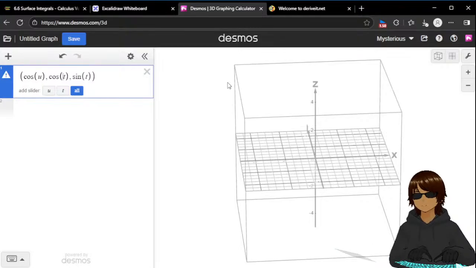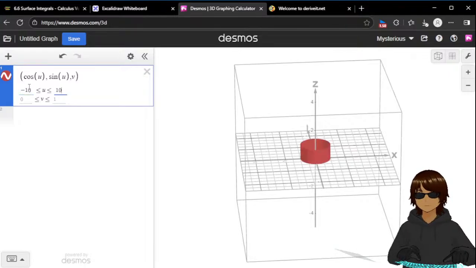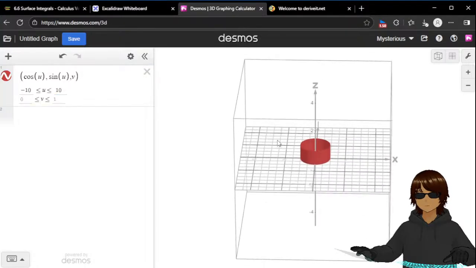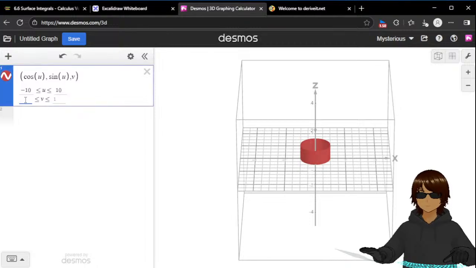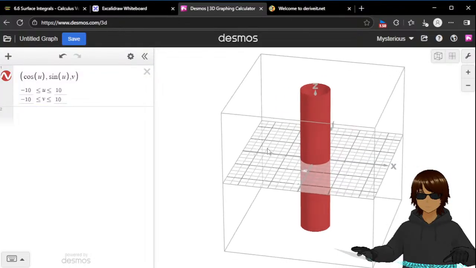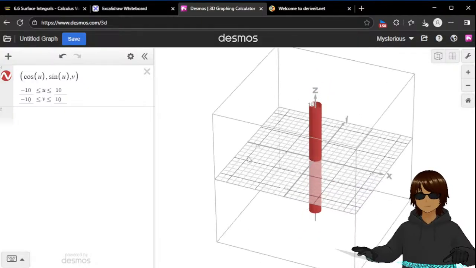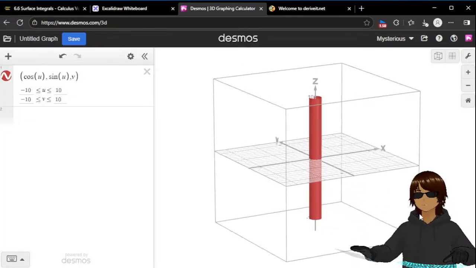Yeah, let's see, cos u, sin u, and then v. So this is a cylinder.